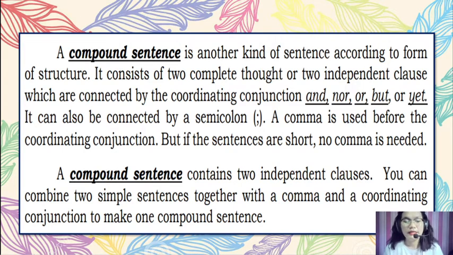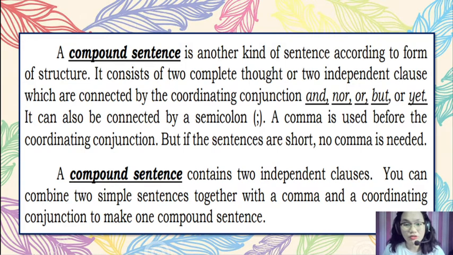Okay? Next one. A compound sentence contains two independent clauses. As I have mentioned a while ago, always remember that compound sentences are composed of two independent clauses. Okay? Dalawang independent clause na may kompletong idea or may kompletong thought.